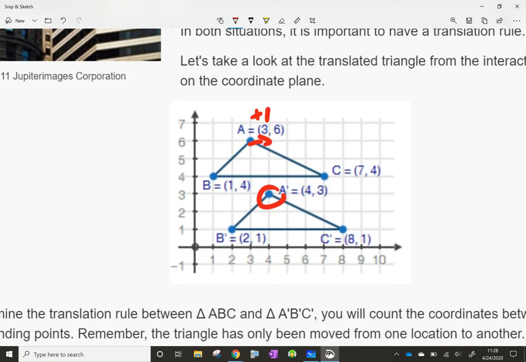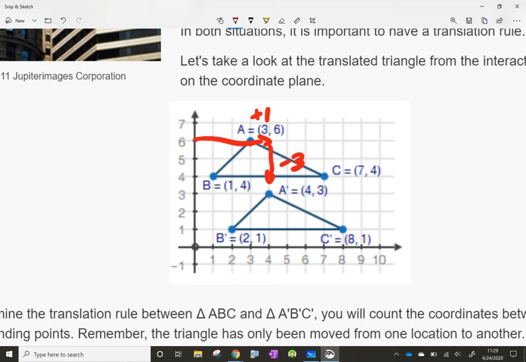Have to go 1 unit to the right, going from 3 to 4, if you think about it on the x-axis, right? And then if we want to get from A to A prime in terms of going the other direction, we would have to go down 3 units. So down 3 being a minus 3, because you're going from 6 up here down to 3 here, right? So you have to go down 3 units from 6 to 3.